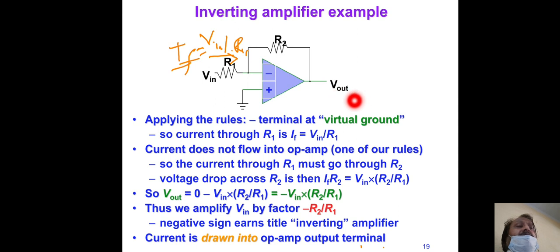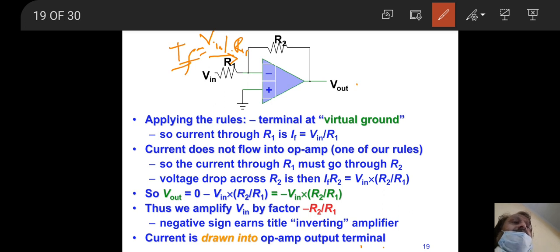So what is Vout? The positive terminal is grounded, so it is 0 minus the voltage difference, Vin multiplied with R2 divided by R1. So Vout is equal to minus Vin R2 by R1.